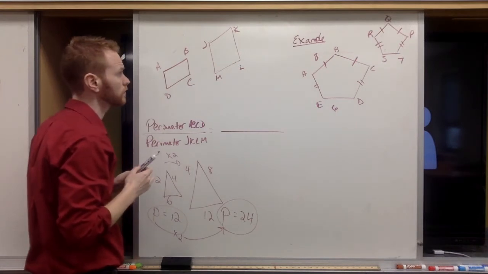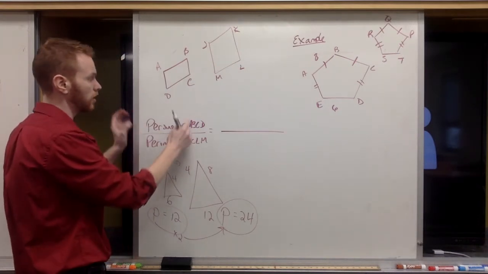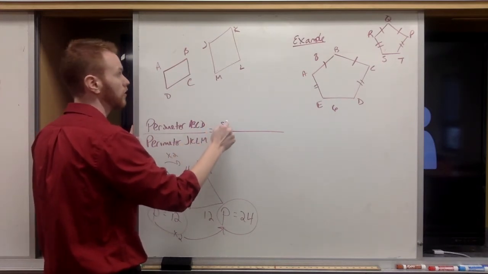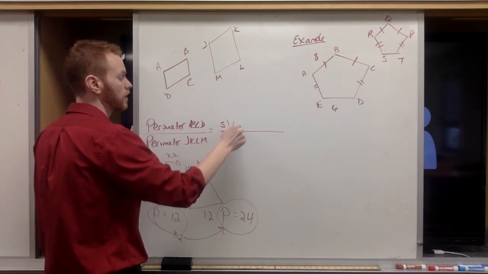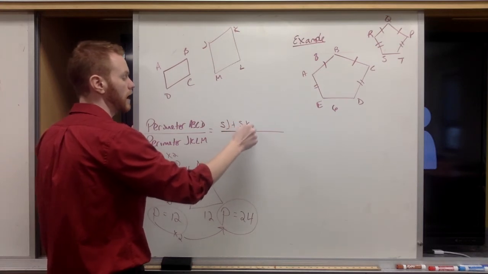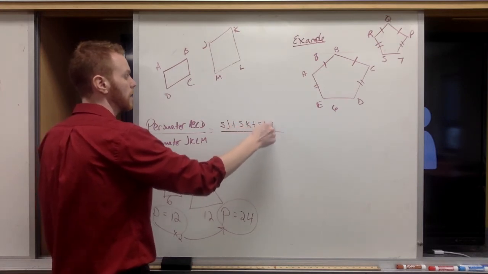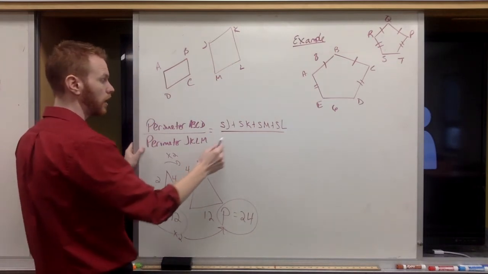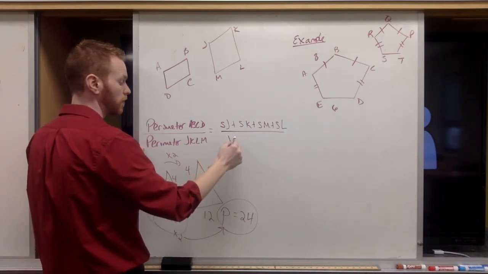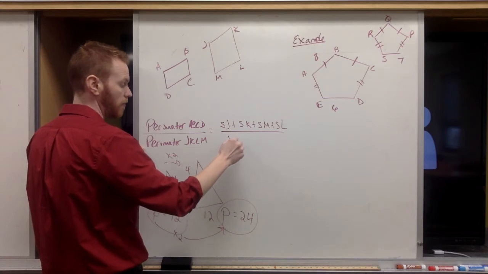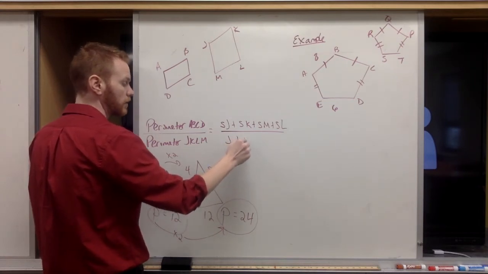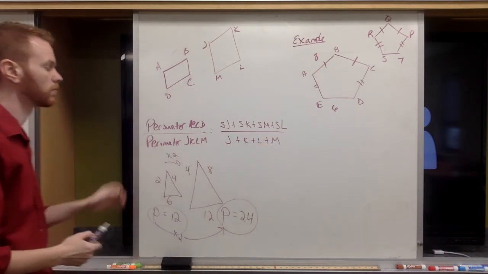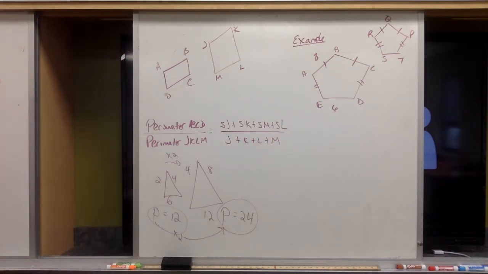So my perimeter of ABCD would be my scale factor times J plus my scale factor times K, scale factor times M, scale factor times L. At the very bottom, my perimeter for JKLM would be J plus K plus L plus M. I'd just be adding up all those side lengths.